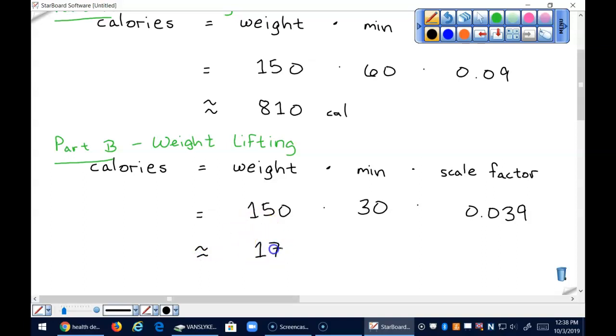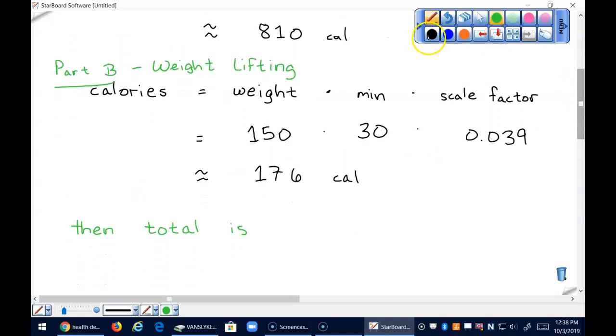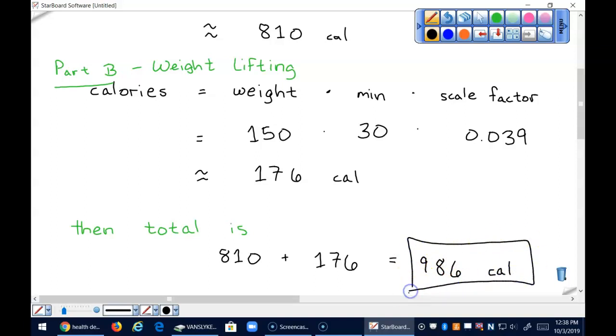Yeah, so I'll round up. 810, 176. And I'll finally put a box around it.